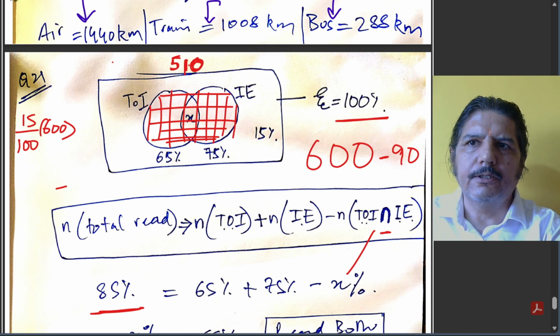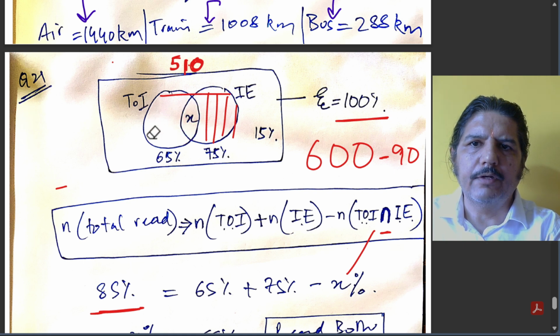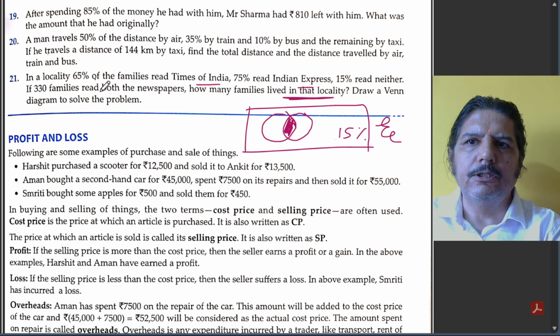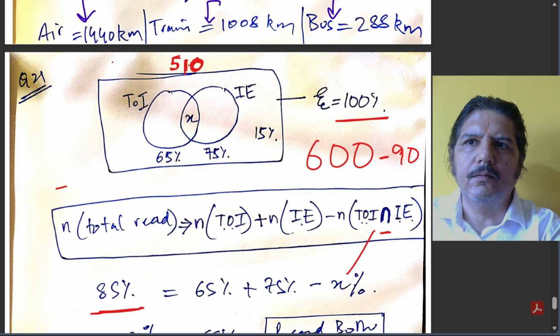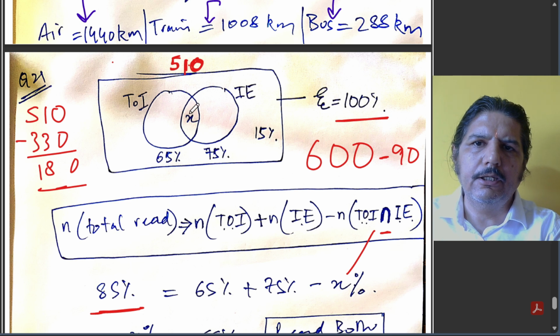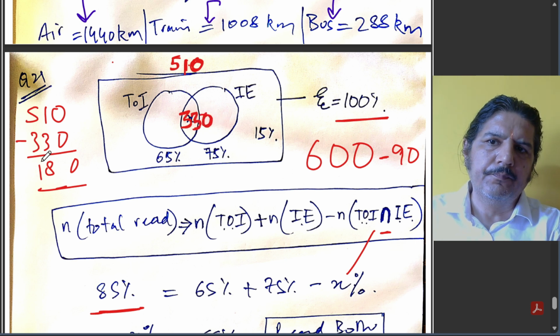So out of 510, 330 read both the papers.